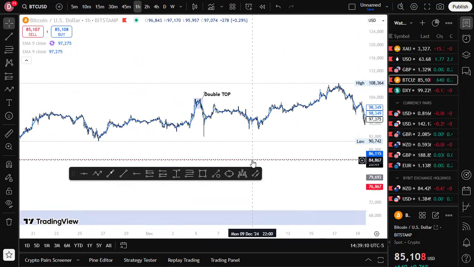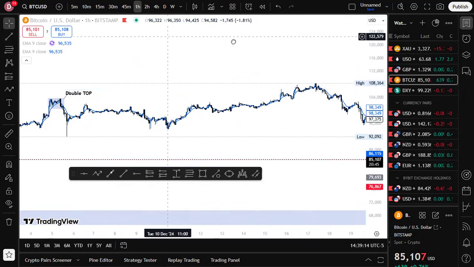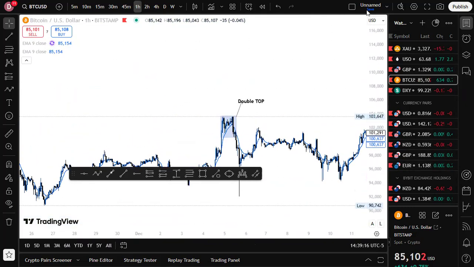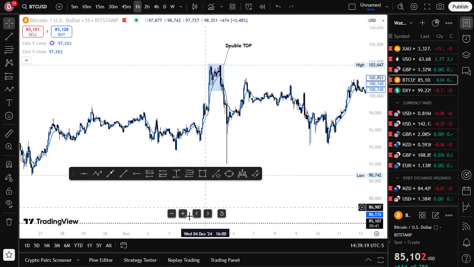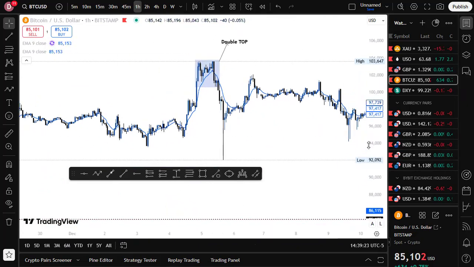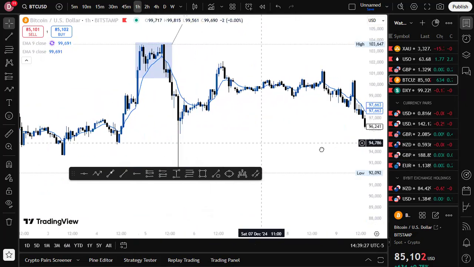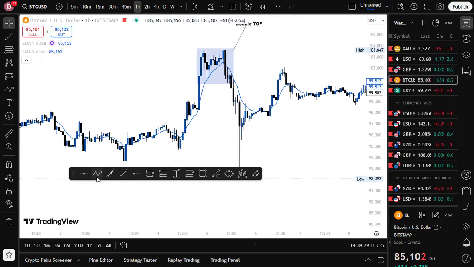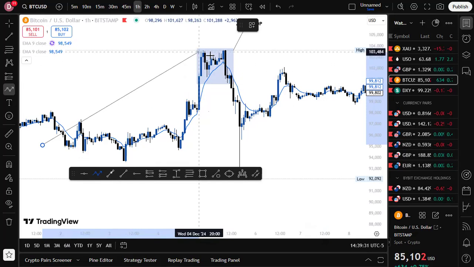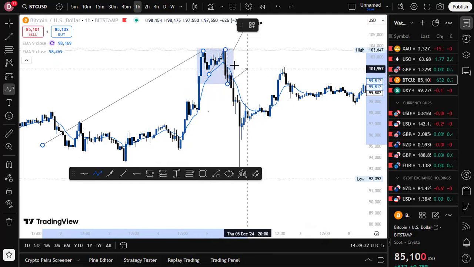So this is an example of a double top, right? Or equal highs. So you can see at some point we're pulling up in price, right? We're going up in price and then it's formed here. After it formed, you can see this retest here.